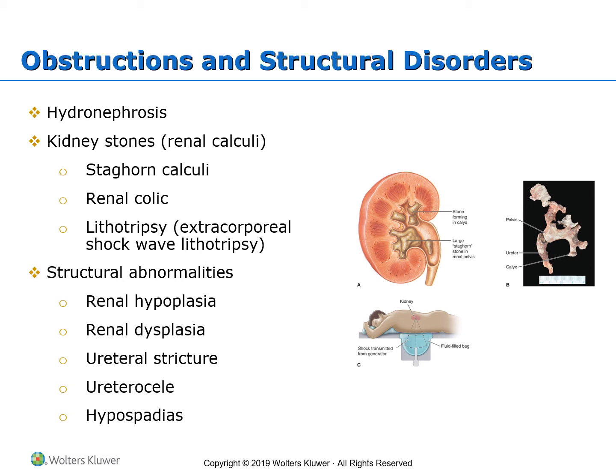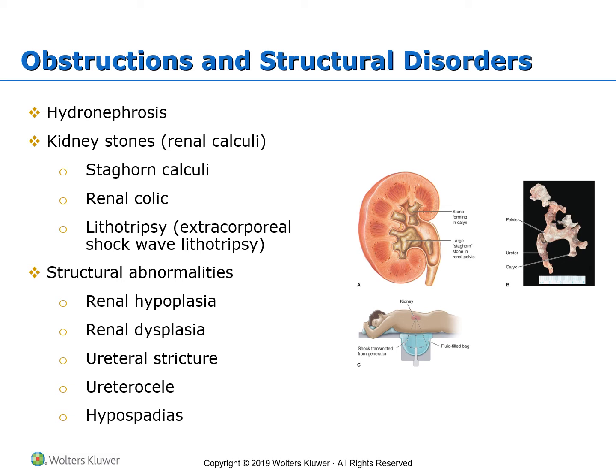The stones can be in a variety of sizes, from really tiny grains that we call sand, to those that can be very, very big, and they can even take the shape and mold the shape of the renal pelvis and the calyces.